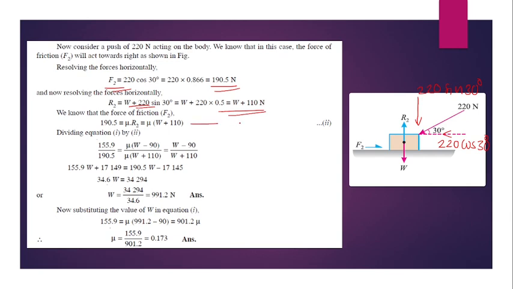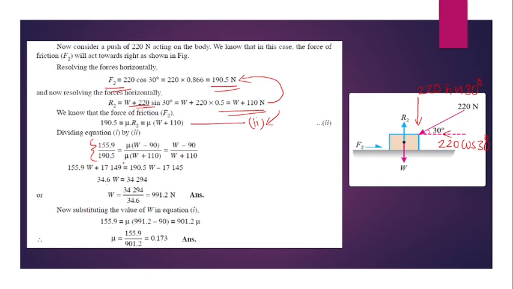Then this will be equation number 2. We substitute this value into the equation, creating equation number 2. Then equation number 1 divided by equation number 2 will be like this.